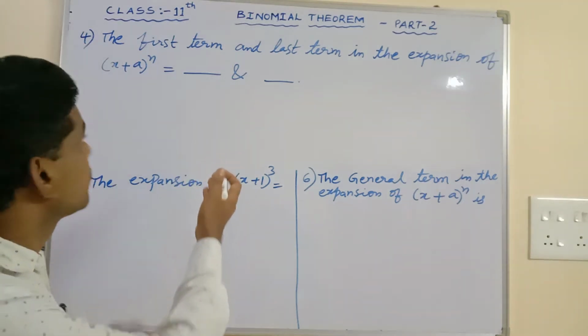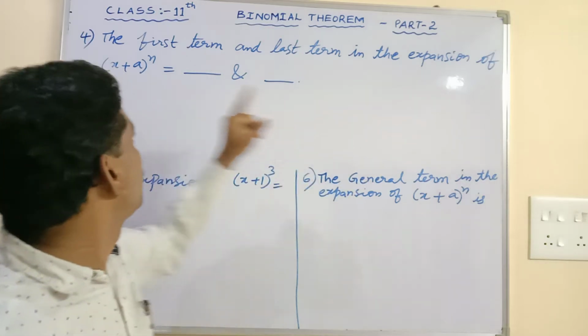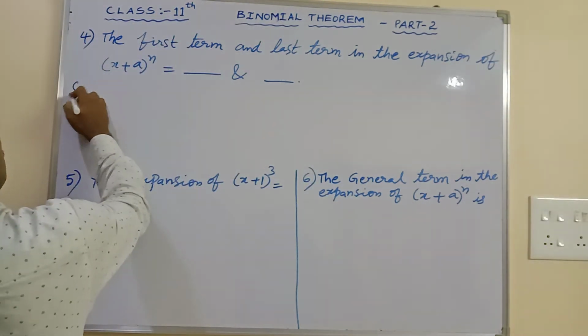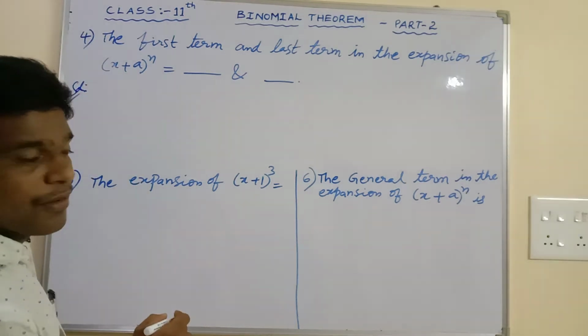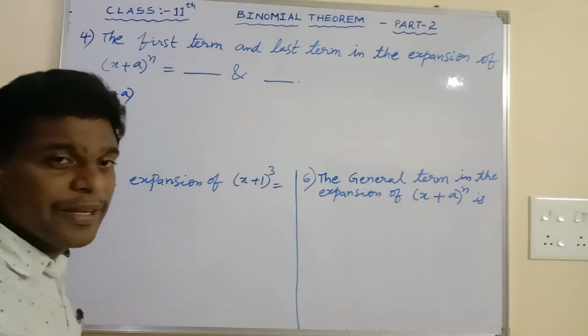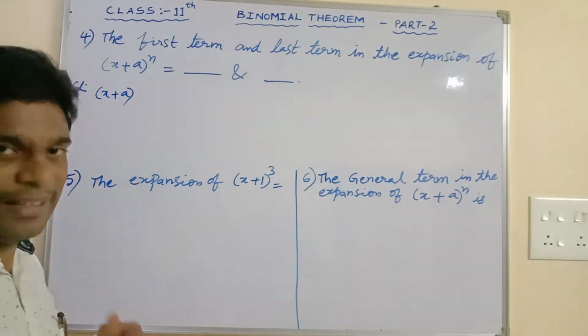Fourth question. The first term and the last term in the expansion of x plus a whole power n. In the expansion of x plus a whole power n, how many terms will be there? N plus 1 terms will be there, we know that. What are they? Let us see.